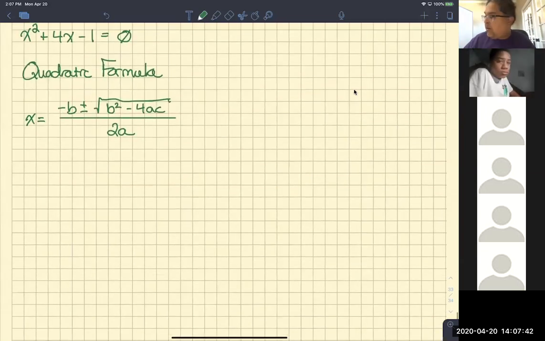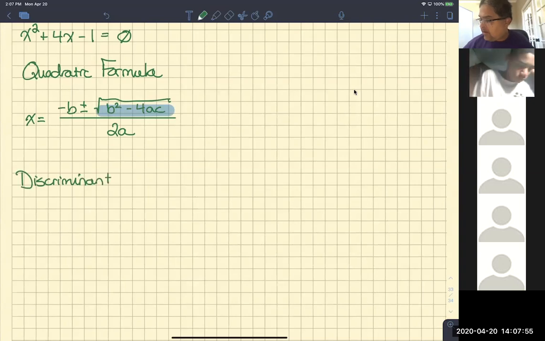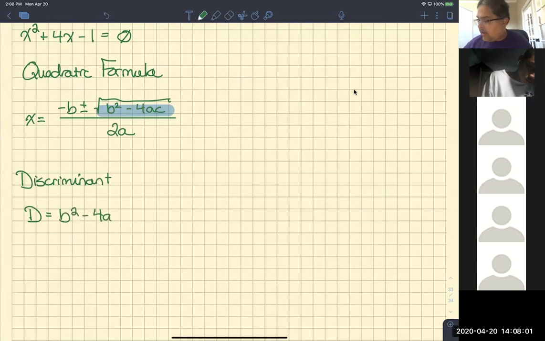So the first part that's most interesting for the quadratic formula is this thing right here. Okay? And it's called the discriminant. And it's called the discriminant because it discriminates between the type of solutions that you're going to get.